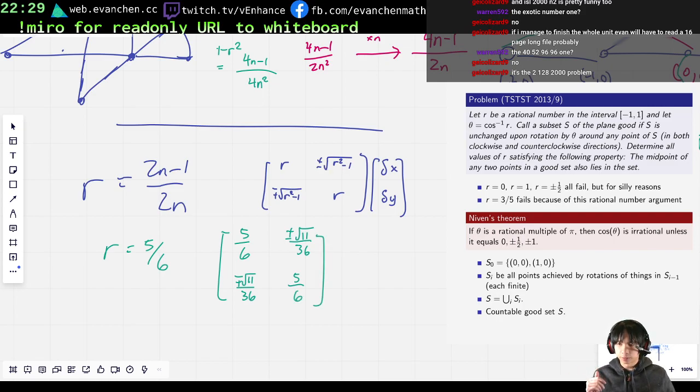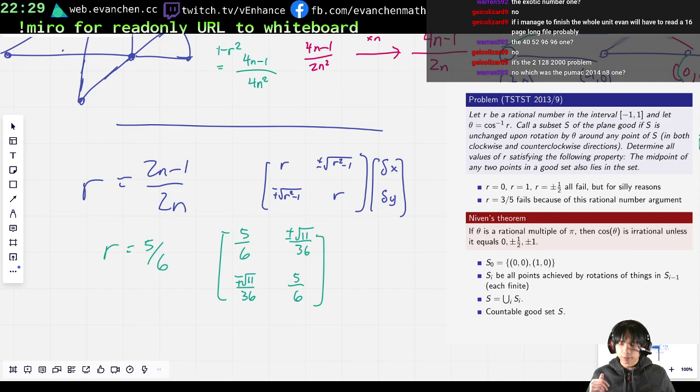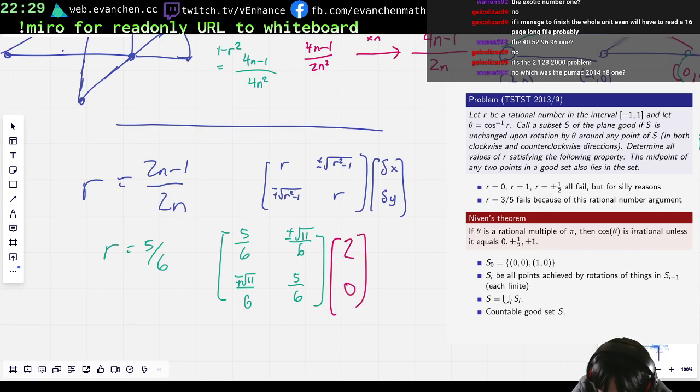Those are my displacement vectors. My claim is that I want the displacement vectors to all basically be not 36, what am I writing? 6. So the first displacement vector is 2, 0. And the result of that displacement is like 5/3.